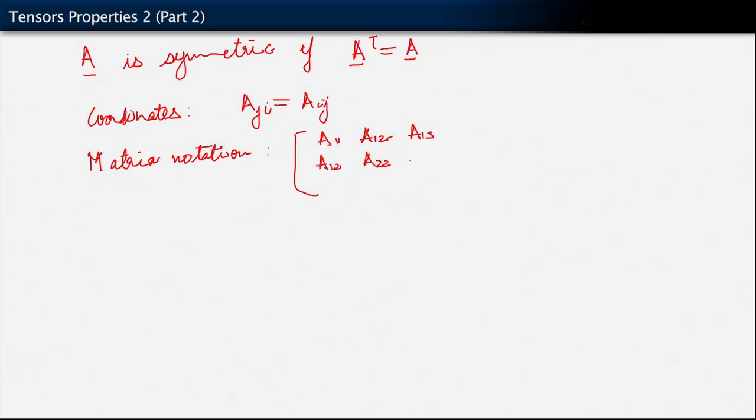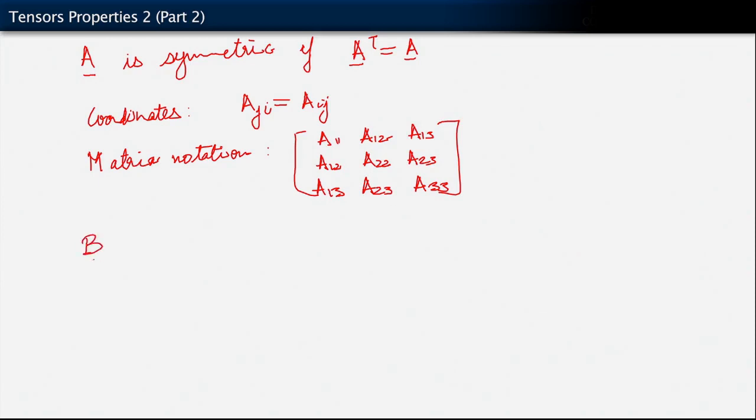A21 is essentially the same as A12. So we have A23. Here we would have A31, but it turns out to be the same as A13. Here we would have A32. It's the same as A23. And here we have A33.